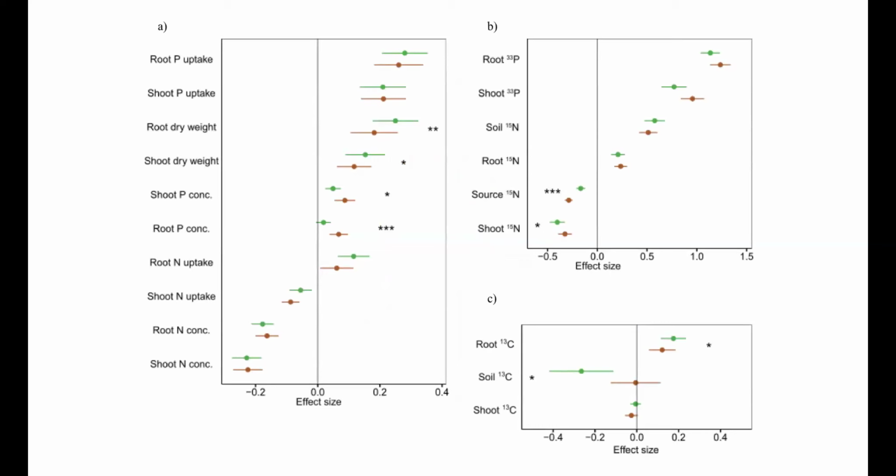So this picture actually shows various information. That's the position of the effect on the scale from minus something to plus something, with a 0 indicating that the plants were not affected by the mycorrhizal presence or absence. If the values were smaller, that means the mycorrhizal plants were smaller.